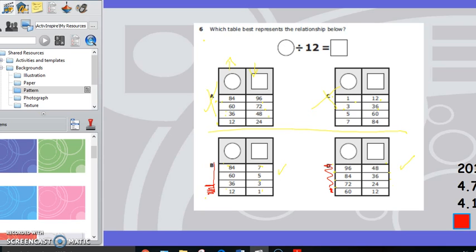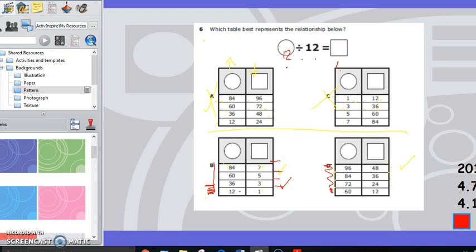Because if it's going to fit the pattern, it has to fit it here, here, here, and here. Right? Good. So, if I put 12 in my circle and 1 in my square, would that be right? 12 divided by 12 equals 1. Yes. So this one I know is right.